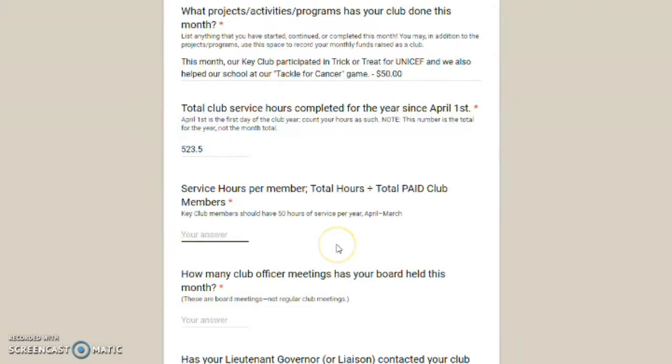So now this next section is you take how many hours you have done so far, and you divide them by how many paid club members you have. So, pardon me, the dues, I believe, runs from September 1st to October 1st.